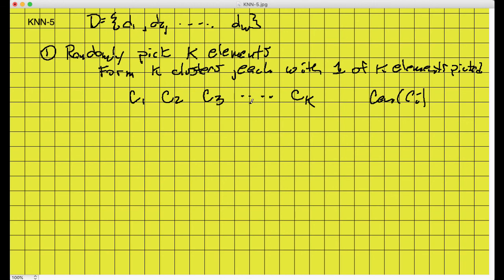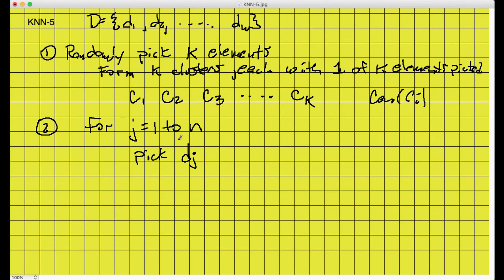Now what I'm going to do is, for J equals 1 to N, pick D sub J. In other words, I'm going through every element in my population, starting with the first one all the way to the end.